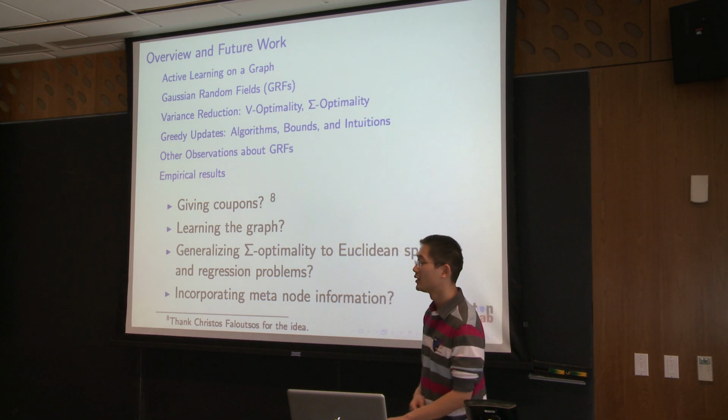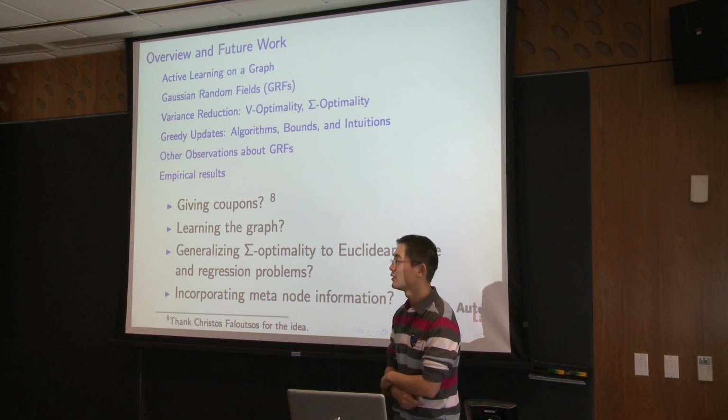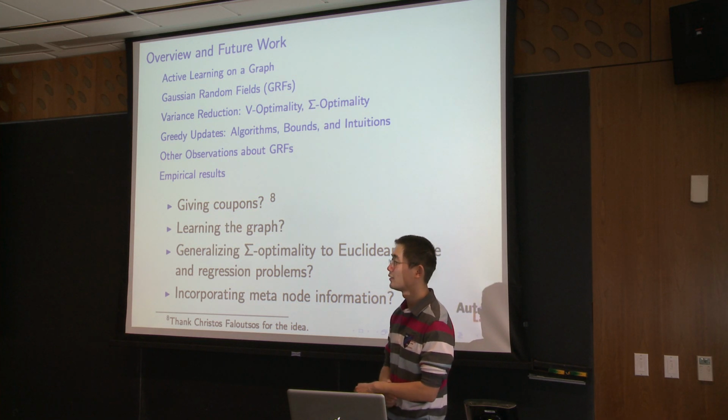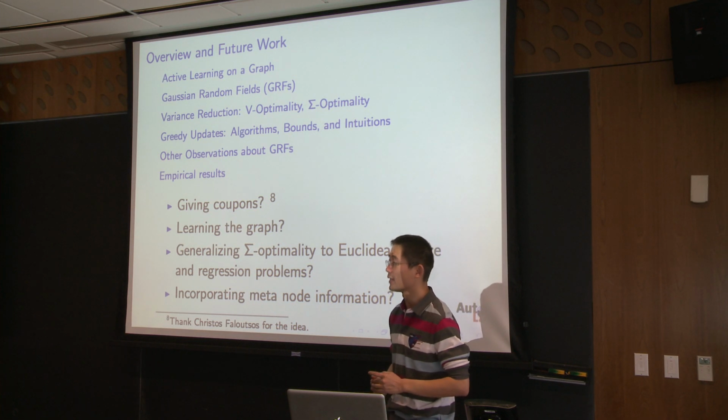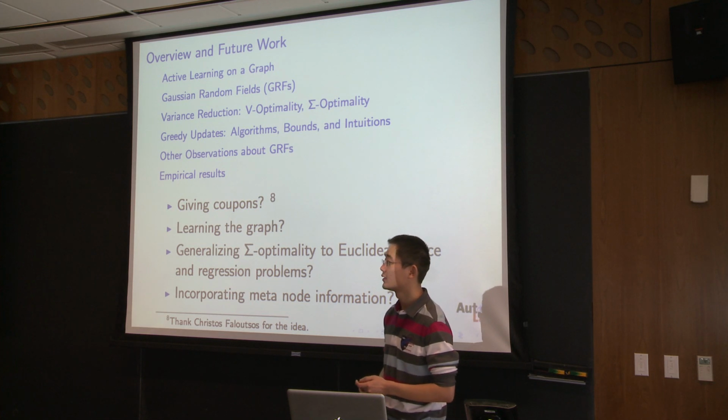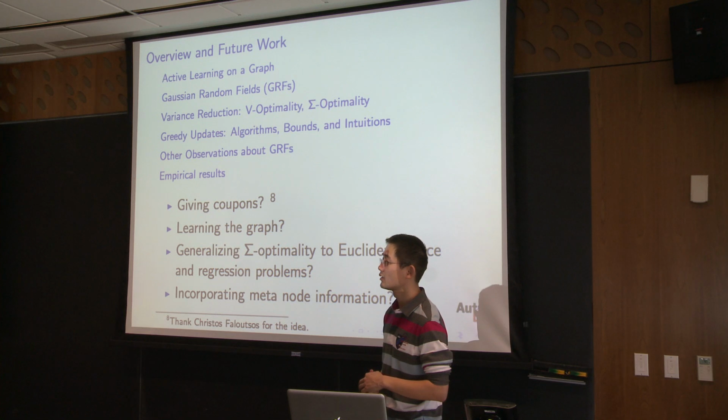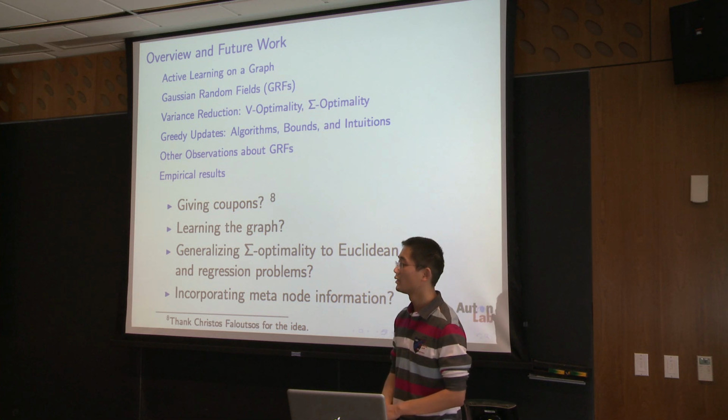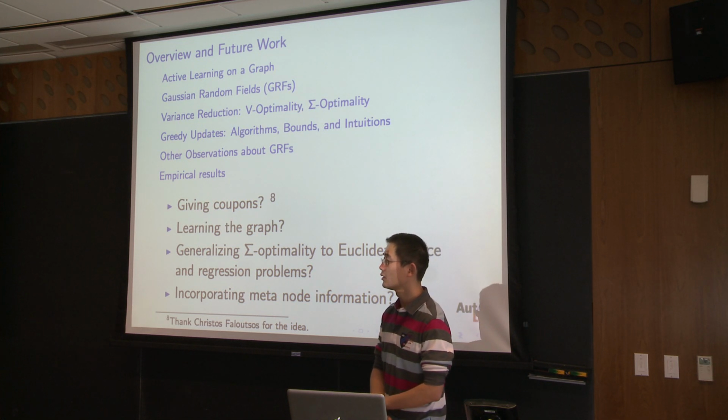Yeah. So V optimality is optimized for the empirical risk or the expected risk, something like that, right? And it seems like sigma optimality is optimized for something like one standard deviation above the expected risk, because it's modeling all the correlated risks of the tightly clustered nodes in some sense. So it's more careful about which nodes it selects.